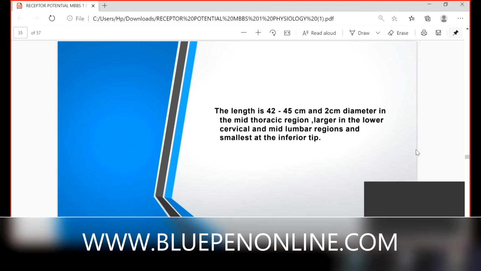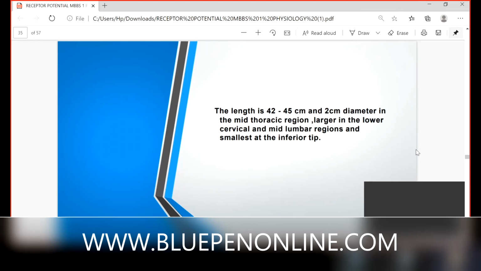But there is slight difference in certain regions. It will be larger than 2 centimeters in the lower cervical as well as in the mid-lumbar regions. That is, the diameter of the spinal cord is not uniform throughout.